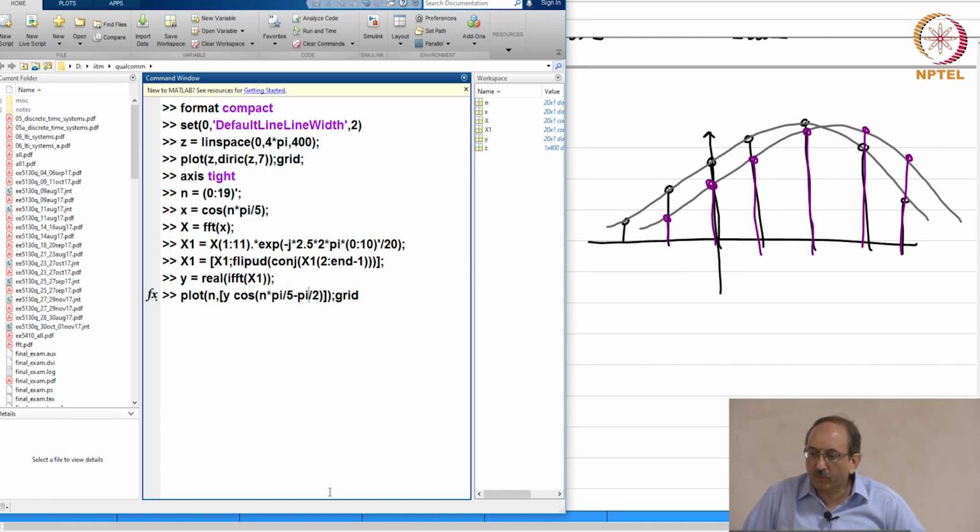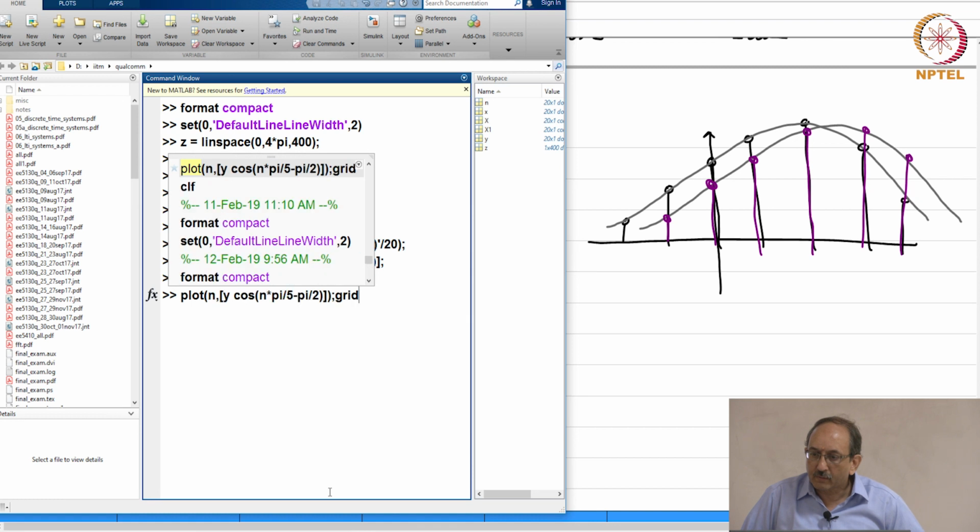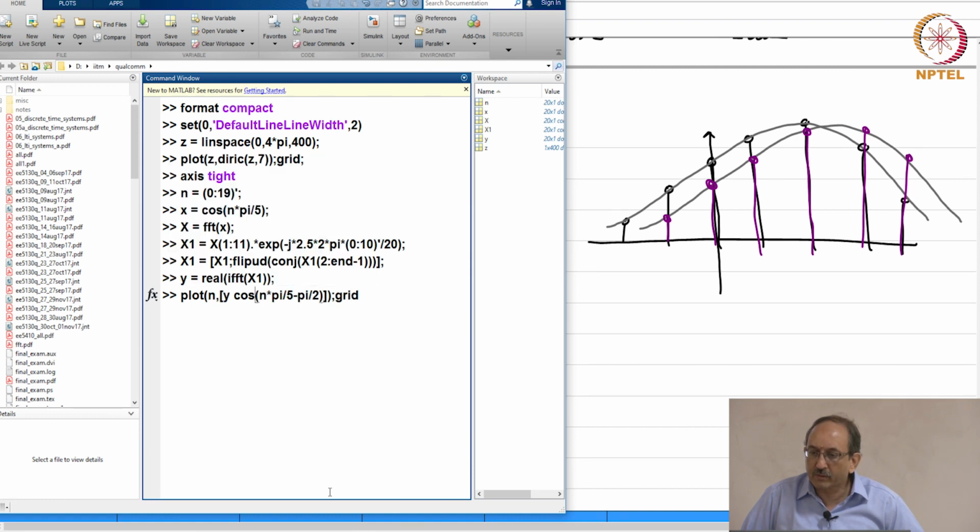Here what I have plotted is n from 0 to 19, and this is y. Y was obtained by taking cos n pi by 5 and then shifting it by 2.5 samples. So, we have fractionally shifted the original sequence, and we are now comparing it with the ground truth.